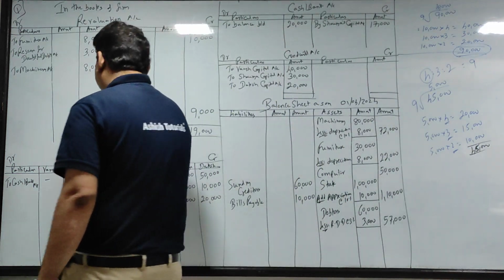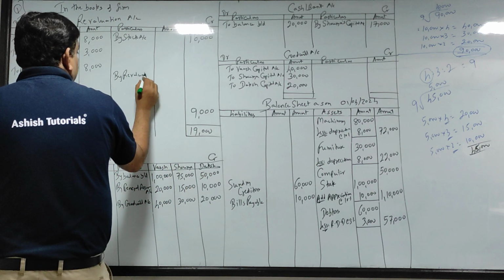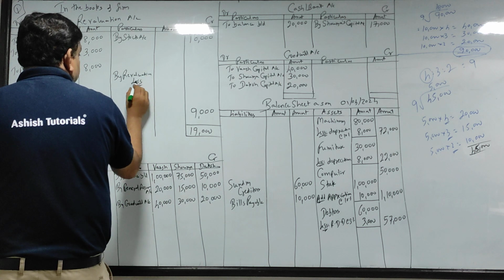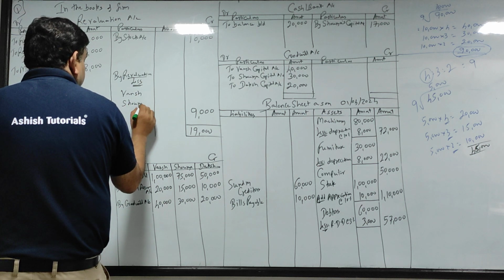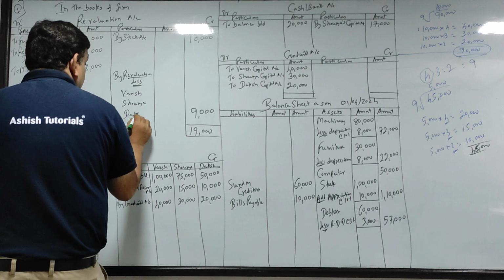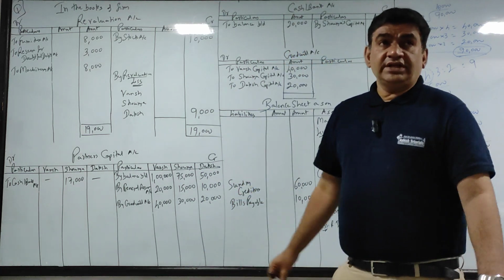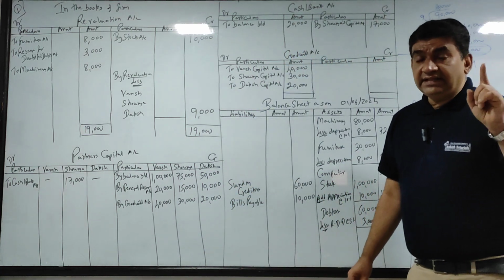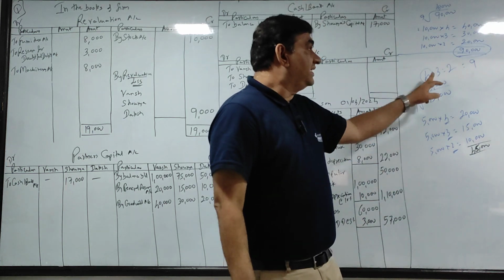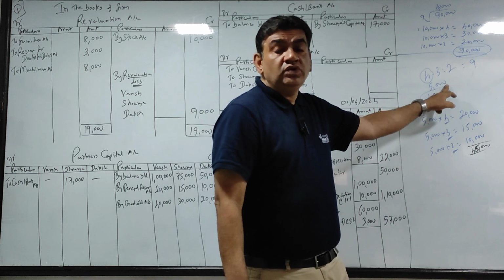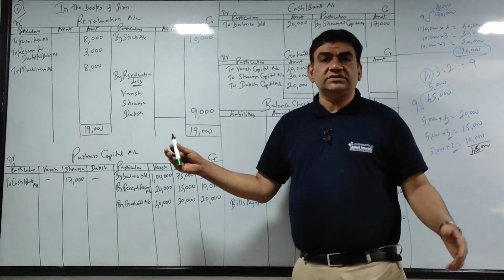Okay, now this will be divided amongst all three. So by revaluation loss, Vansh, Shourya and Daksh, 9000. अभी देखो रेशियो क्या है? 4:3:2. 4 plus 3 7, 7 plus 2 9. ये कितना है? 9000.